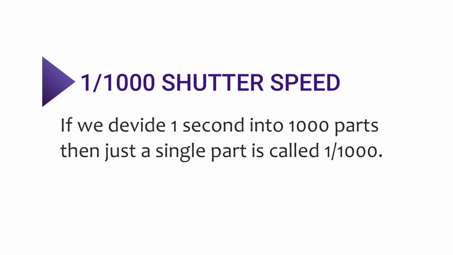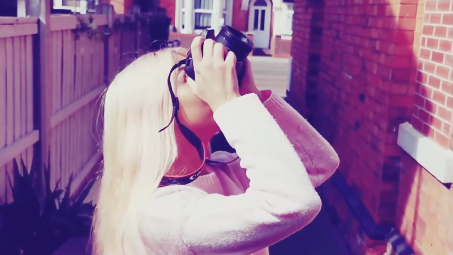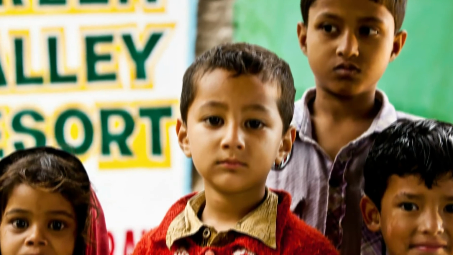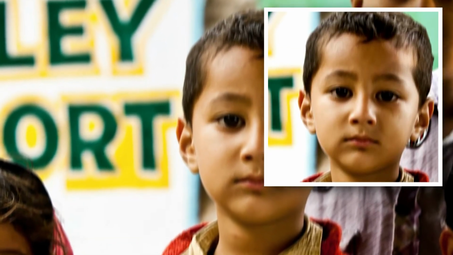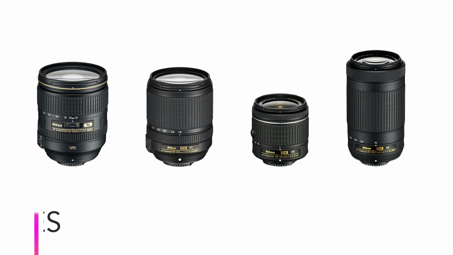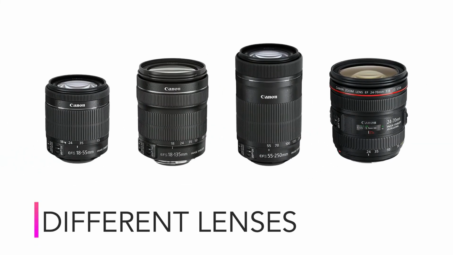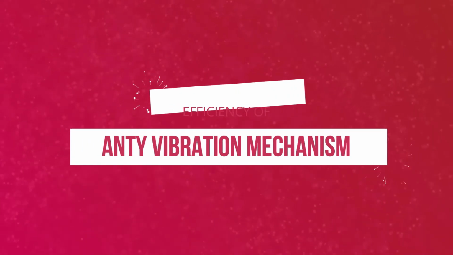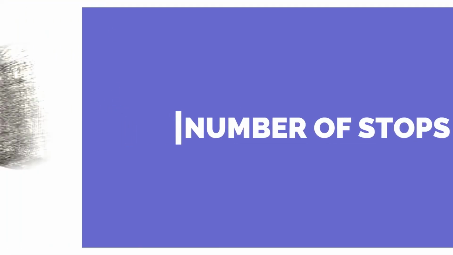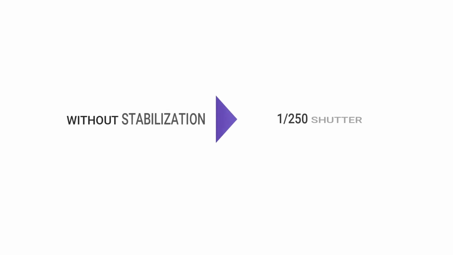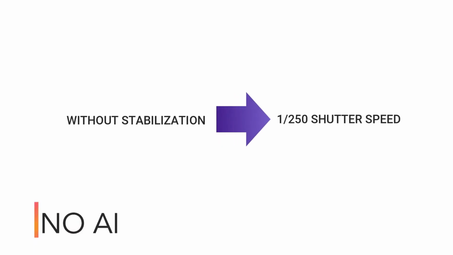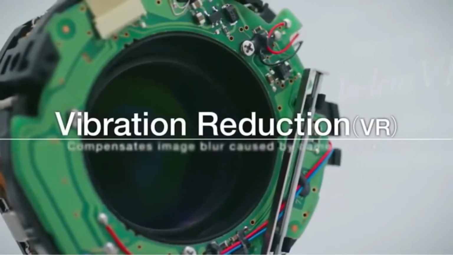But whenever you need to use a slower shutter speed, you would notice that a tiny movement of your hand might cause blurriness in the image. Now, to solve this problem, camera lens manufacturing companies manufacture lenses of different capacities, and they disclose the efficiency of their anti-vibration mechanism using these stops. A two-stop stabilization means if your hands can capture sharp images with 1/250 shutter speed, then with the IS or VR function, you can capture images of the same sharpness using a two-stop slower shutter speed.